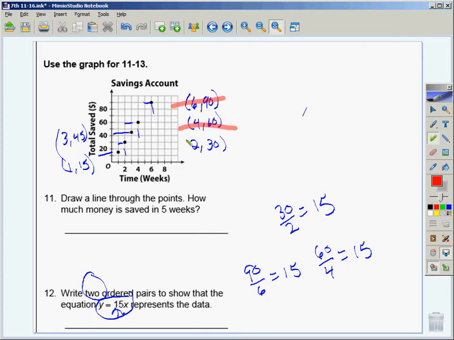So I picked 6, 90 and 4, 60. But you could have written down any 2 of the 5 and been okay. And if you wrote them down in the wrong order, 9, 6, obviously that's not the right ordered pair, is it? There's a big difference between 9, 6 and 6, 90.